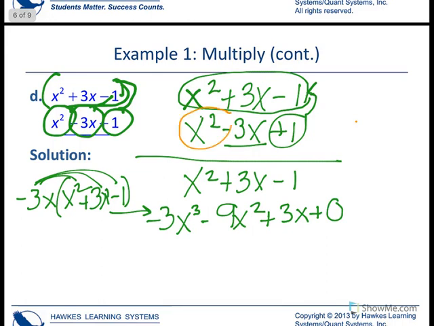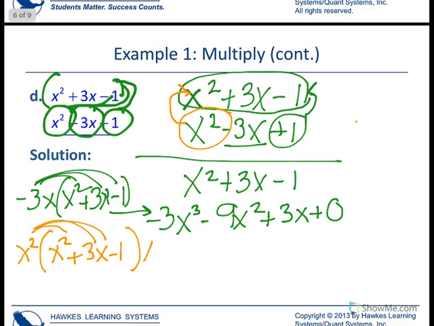Okay, the next thing we're going to multiply is this x squared by the whole top. So I'm going to come over here and multiply x squared by x squared plus 3x minus 1. And you distribute that.